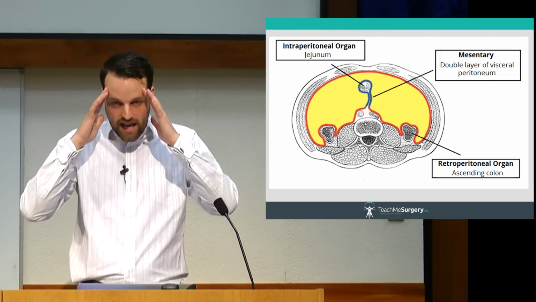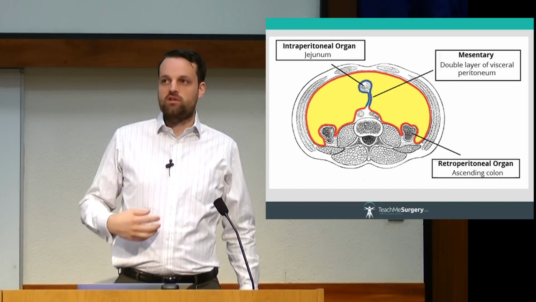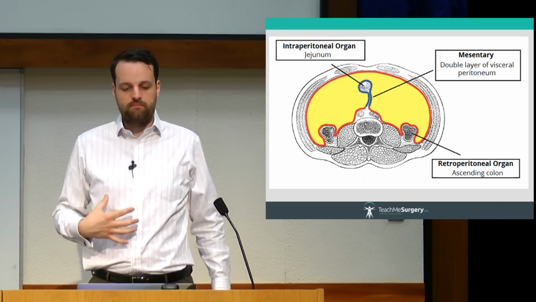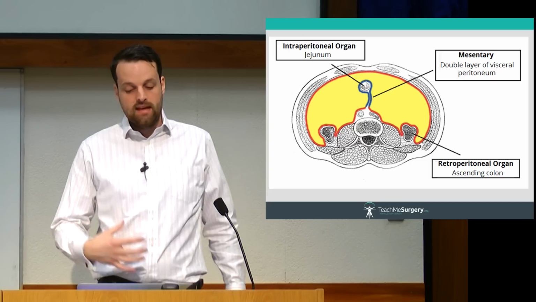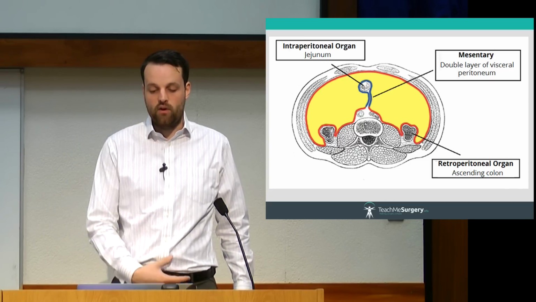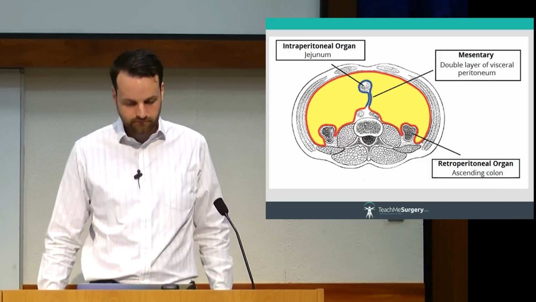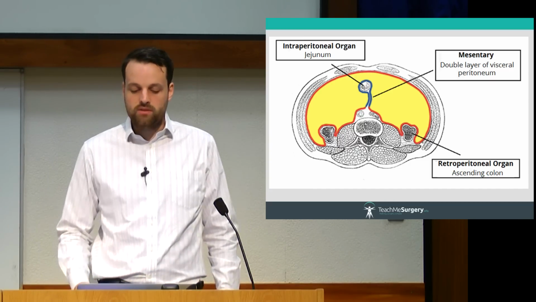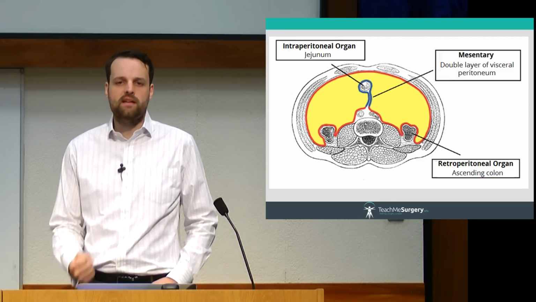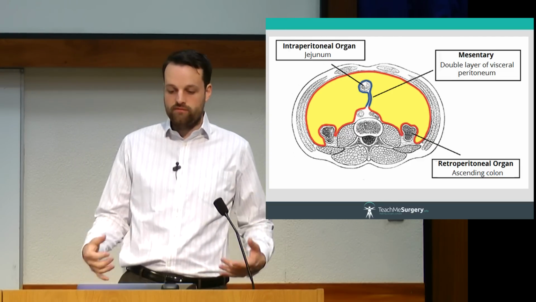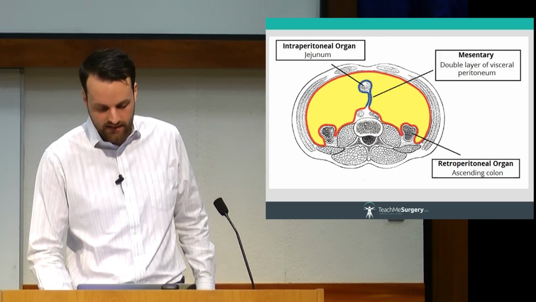The brain will tell you that foregut structures are felt here in the epigastrium. Midgut structures are felt periumbilically, and hindgut structures are felt suprapubically. The last thing I want to mention about visceral pain is it's often associated with strong autonomic reflex phenomena such as vomiting, sweating and tachycardia.